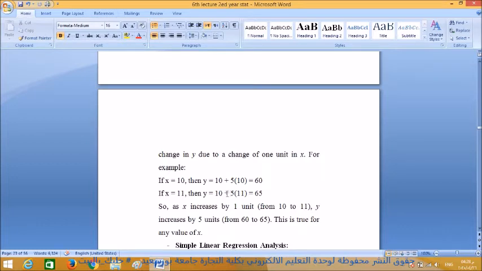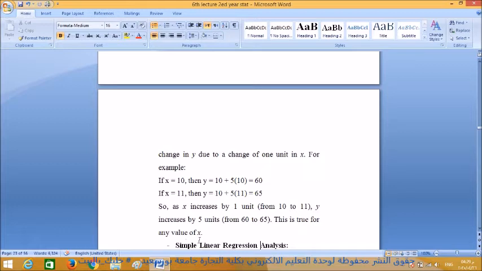If minus, the relationship is negative. In this case, when the sign is plus, it means that when x increases, y increases also. Y increases by b, or by 5 units, from 60 to 65. This is true for any value of x.